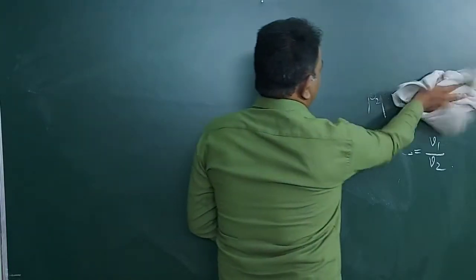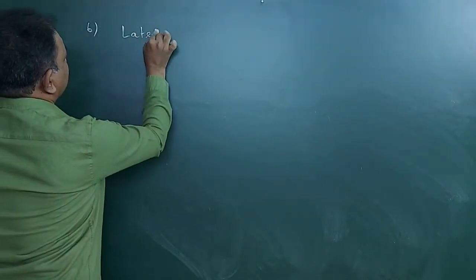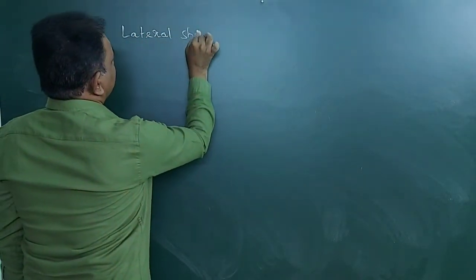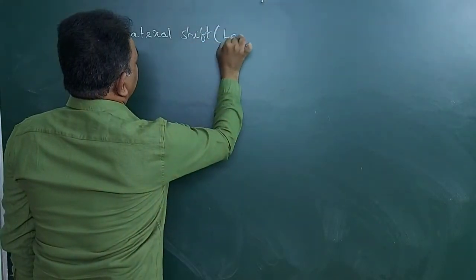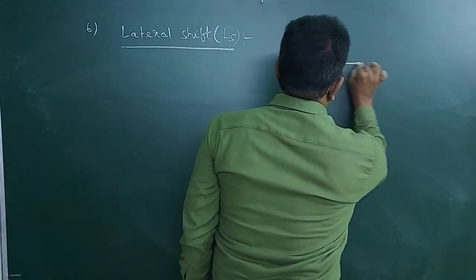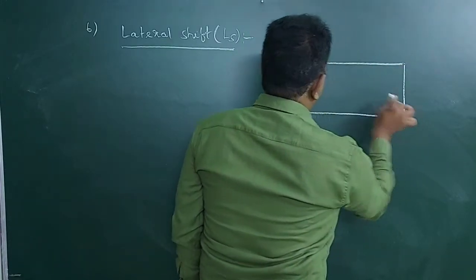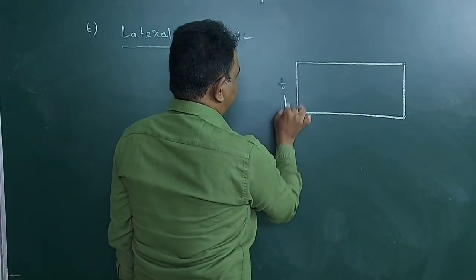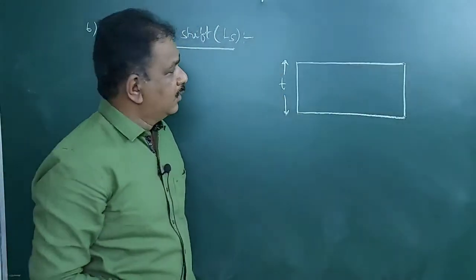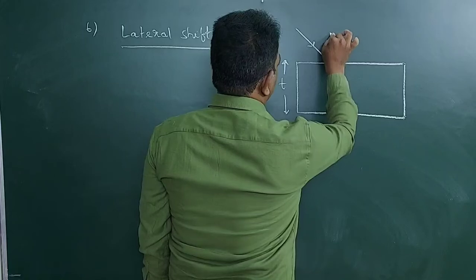What are those? See. For example, here one glass slab is there. The thickness of the glass slab is T. One light ray is incident in this format.